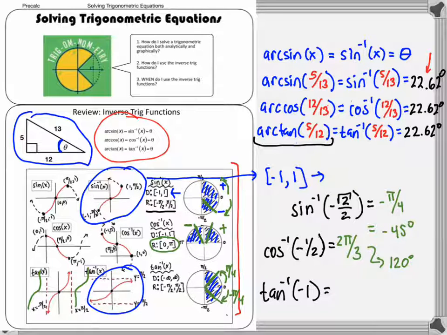So I pick from the fourth quadrant, and that is going to be negative pi over 4, or negative 45 degrees. Okay, so that's how you do that.